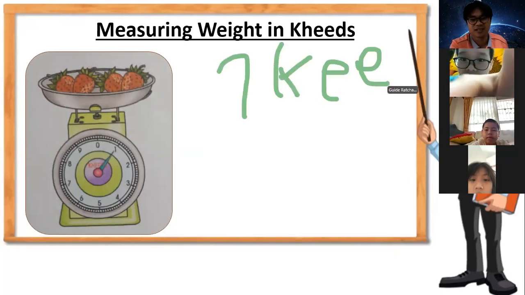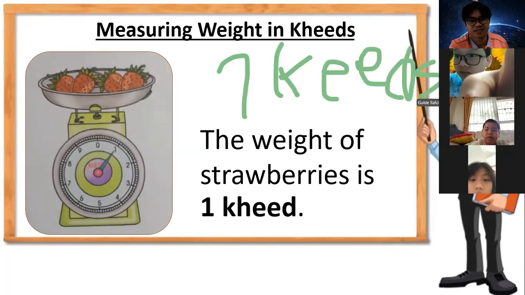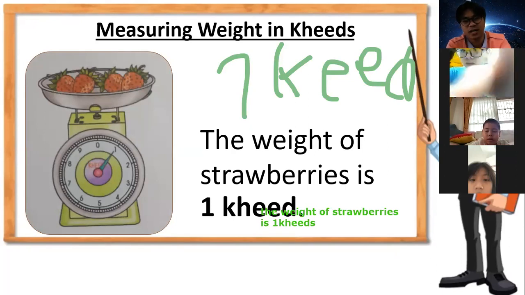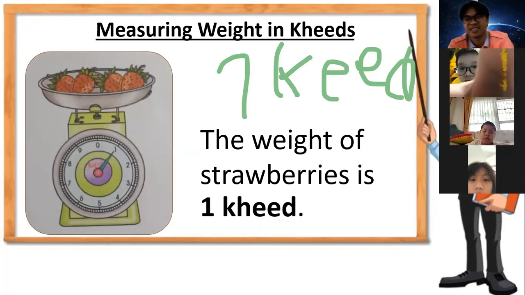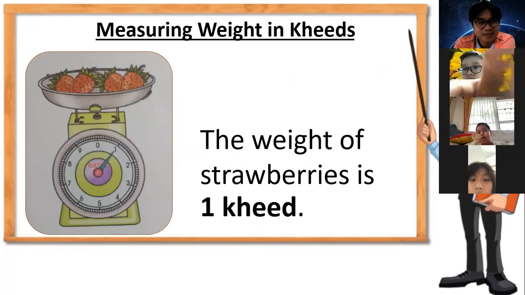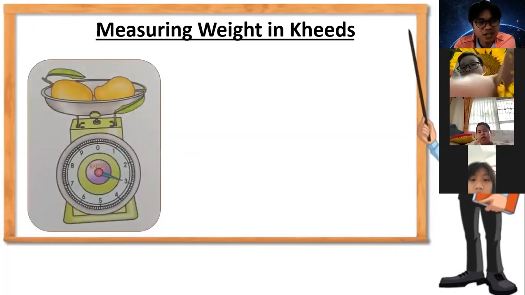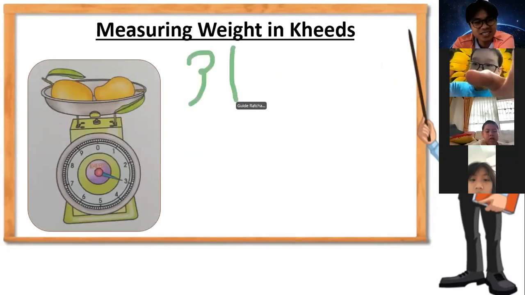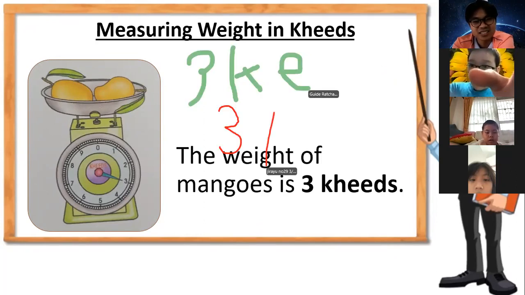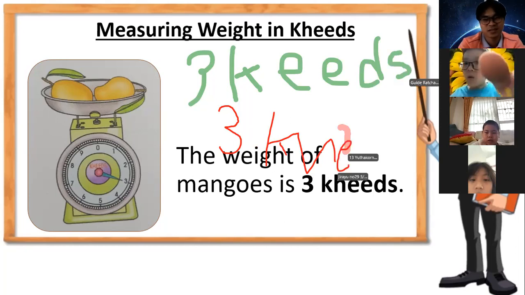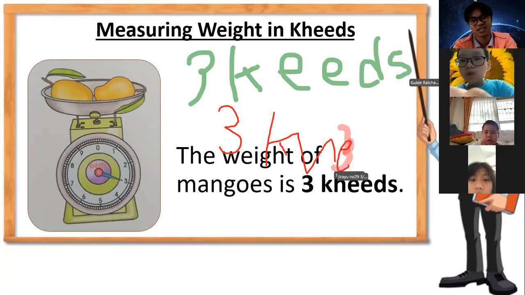Very good. The weight of strawberries is 1 kid. Easy, right? Another picture here. How about the mangoes? What is the weight? Yes, 3 kids. The weight of mangoes is 3 kids.